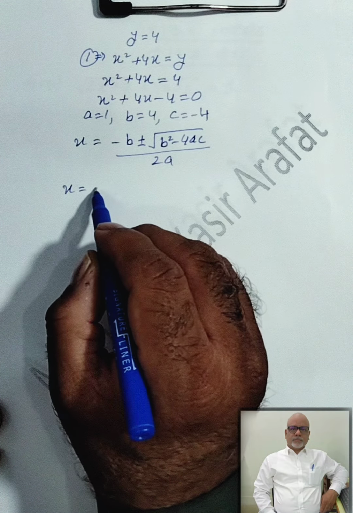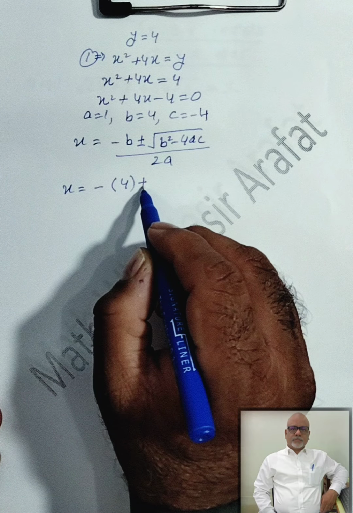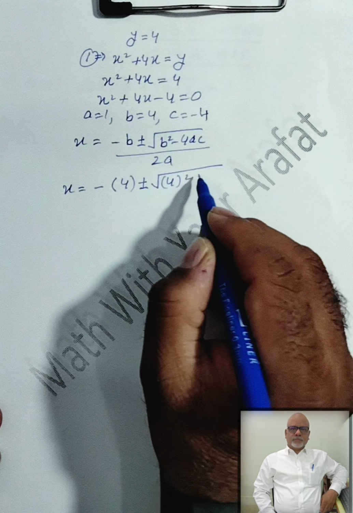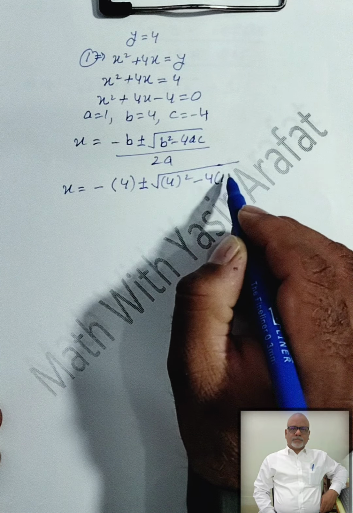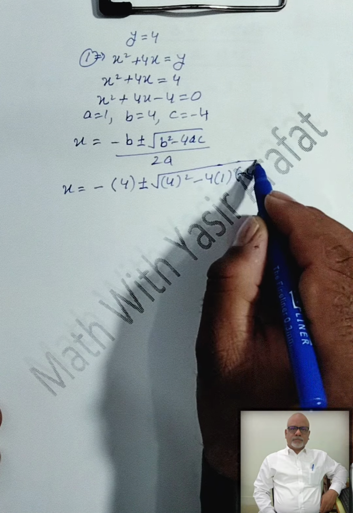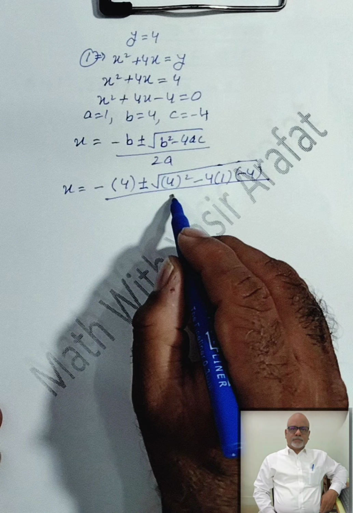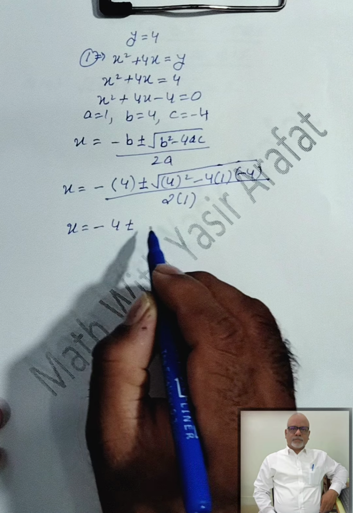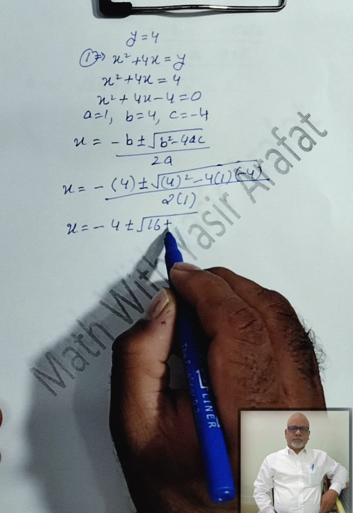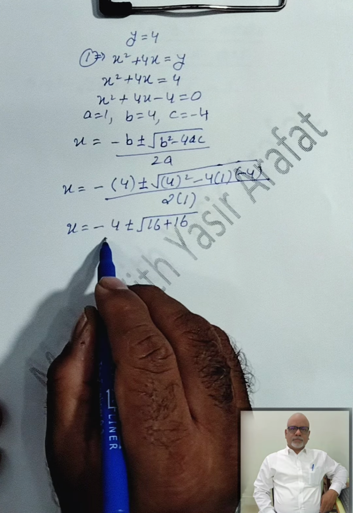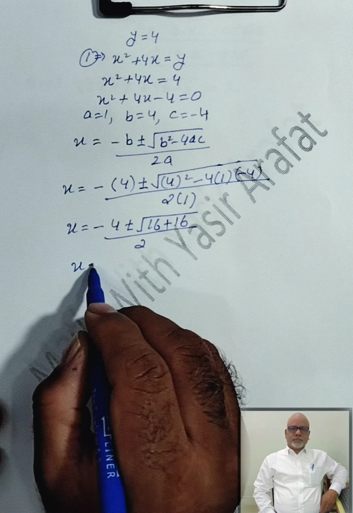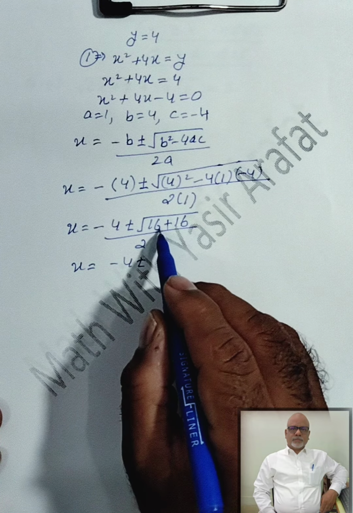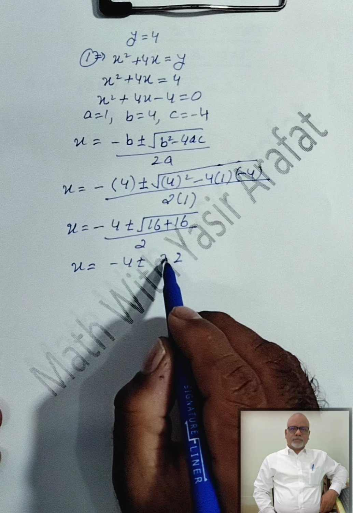Just put their values here. So this is minus 4 plus minus radical 16 minus minus plus 4 fours are 16, divided by 2.